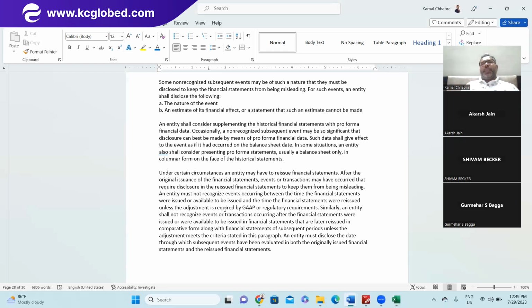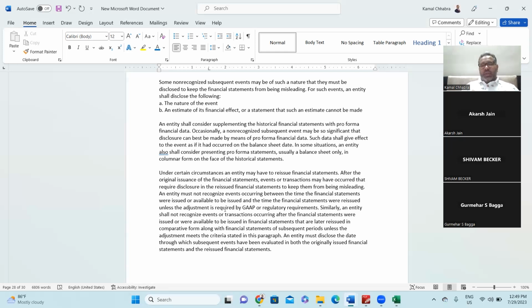For example, like we were discussing, discontinuing an operation of any particular line item, right? So you need to disclose how much is the asset base, what was the nature of that operation, why you are disclosing those, and what will be the impact of that on the financial statements.